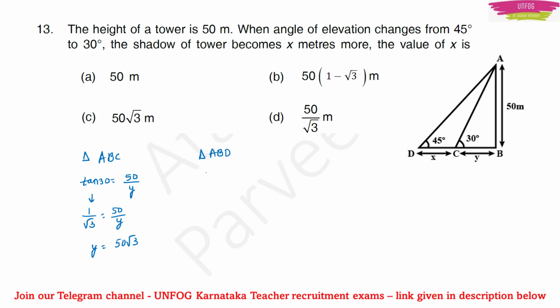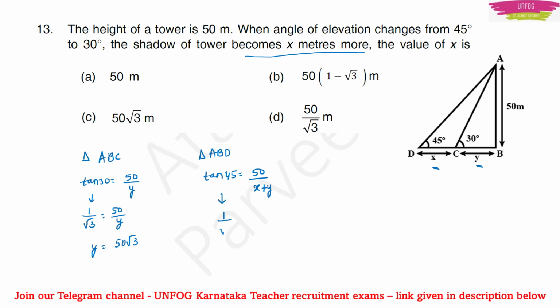Big triangle you take. In that triangle, what will be your tan 45? It will be 50 by x plus y, because they are telling the shadow of the tower becomes x meters more. Some y is given. We don't know what is that y. With that y again you have to add x. That will be your adjacent side for 45 degree. So what is tan 45?